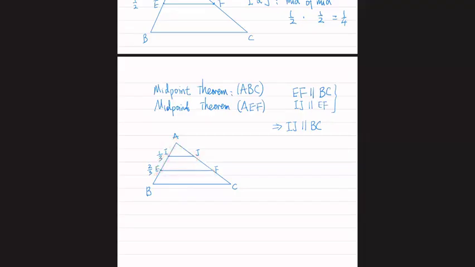So for this triangle AEF, this IJ is a midsegment, right? Then we can apply our midsegment theorem.